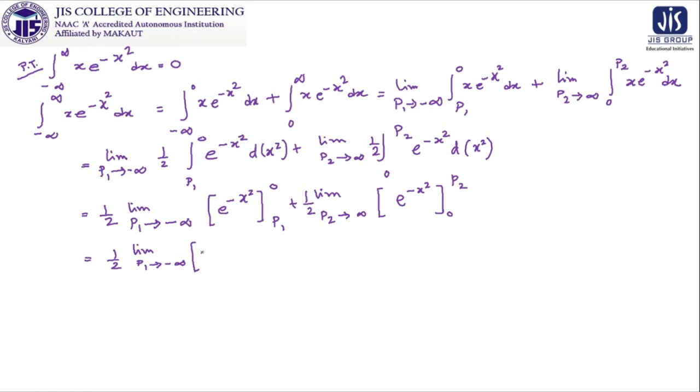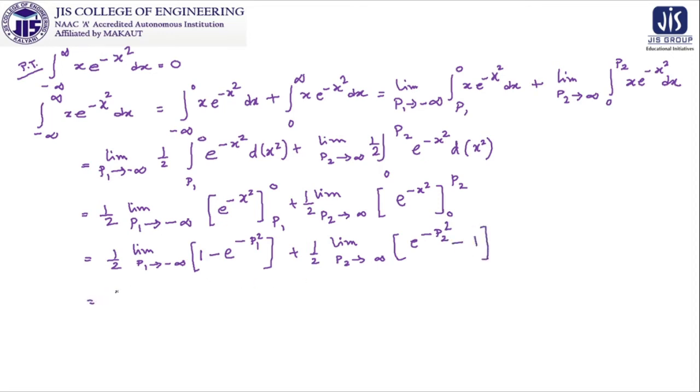Now putting 0 over here, it will be 1, then minus e to the power minus p1 square, plus half limit p2 tends to infinity e to the power minus p2 square minus 1.